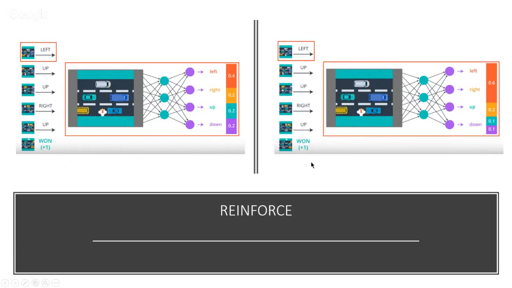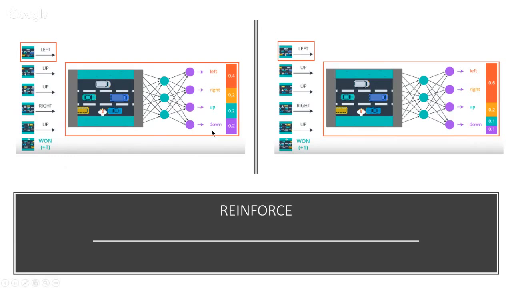So the rewards before this time step are also contributing to increasing or decreasing the probability of this action, right? And at the same time, the reward from this time step will also contribute to increasing or decreasing the probabilities of the previous time steps.